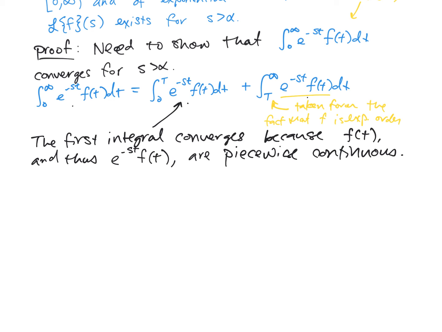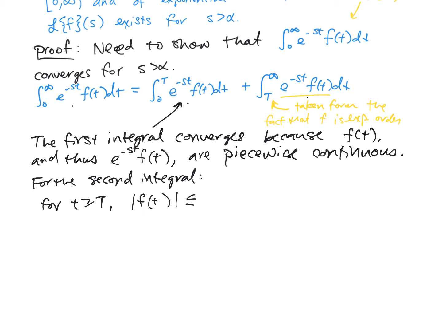So to say that again, because f is of exponential order, for t greater than big T, we have that f of t in absolute value is bounded by this function, m e to the alpha t.